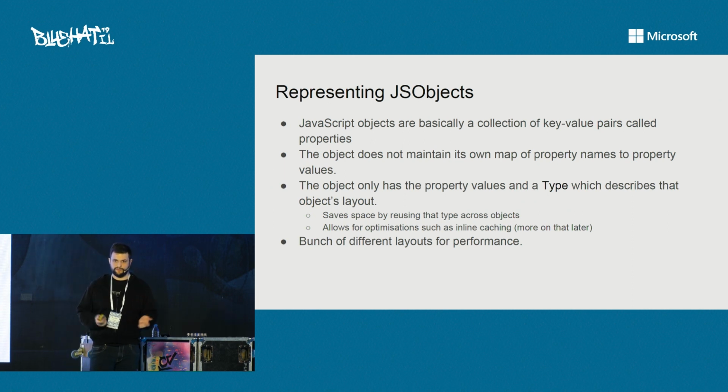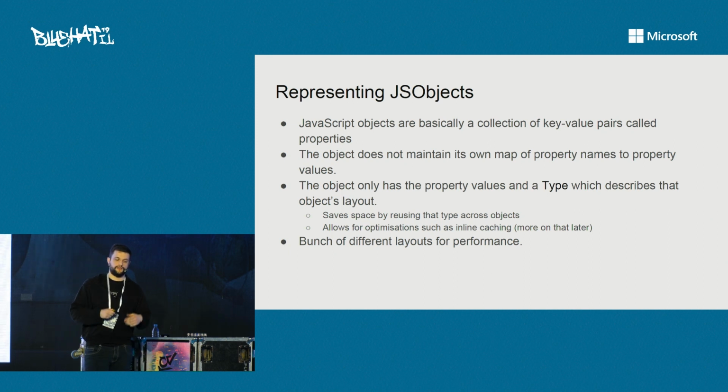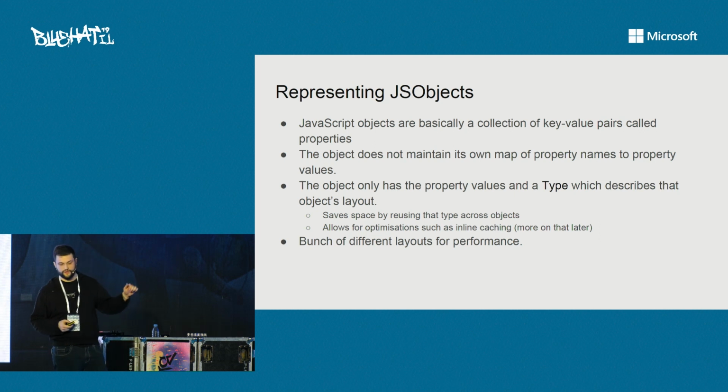In Chakra, it's called the type, and it allows for 2 nice things. The first one is you save space, because every object of the same type points to the same type, so you only allocate the type once. And it also allows for optimizations such as inline caching, and we'll talk more on that later.